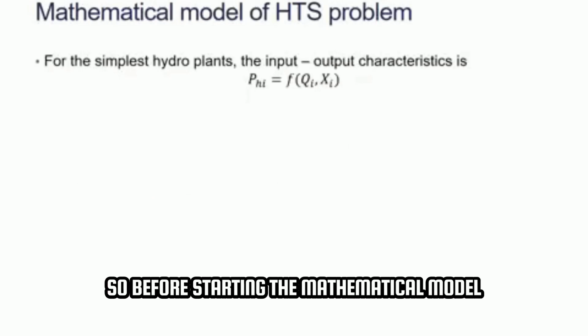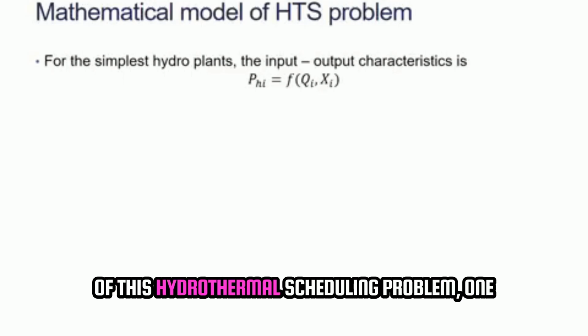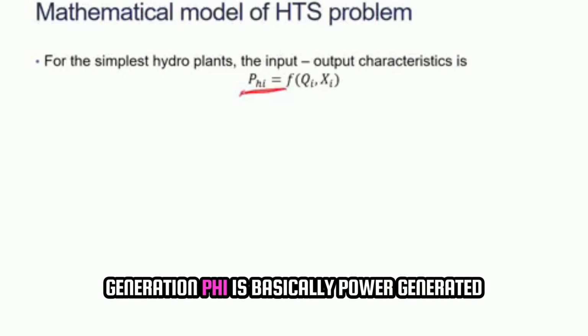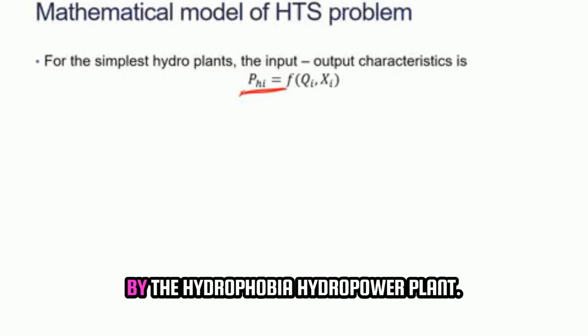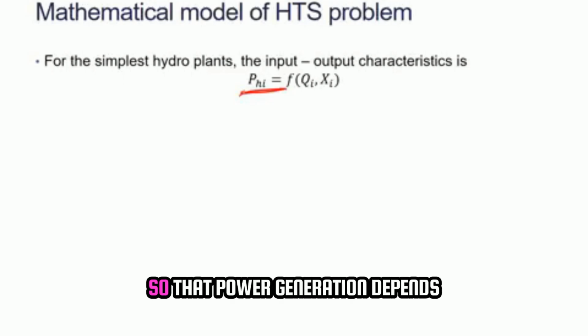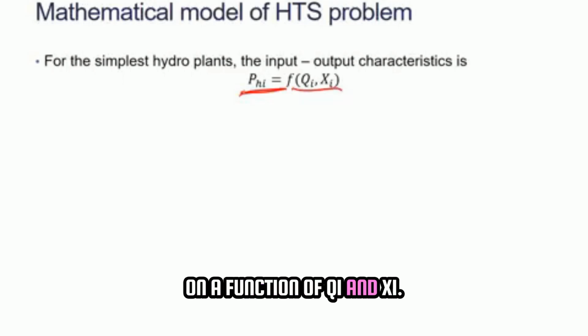Before starting the mathematical model of this hydrothermal scheduling problem, one thing you have to understand here: the power generation, PHi, is basically the power generated by the ith hydropower plant. Let's assume there are various hydropower plants. That power generation depends on a function of Qi and Xi.